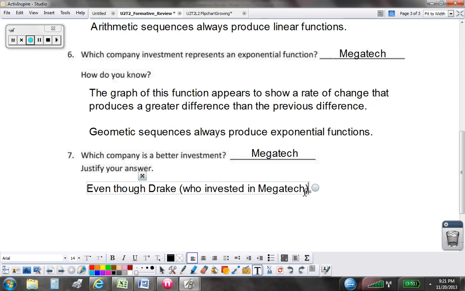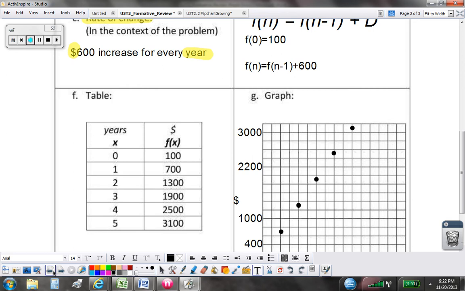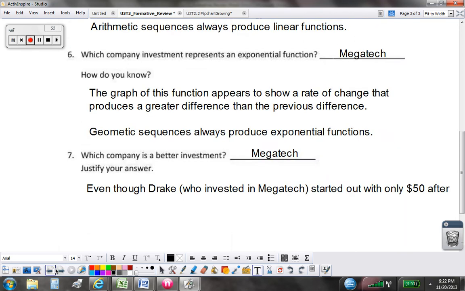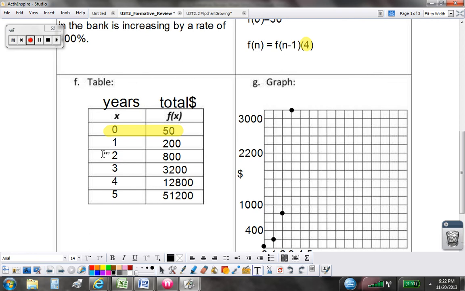Even though Drake, who invested in Megatech, started out with only $50, if you compare the two tables, it looks like after 1 year, Blake has more, but in as short as 2 years, Drake has already surpassed it.